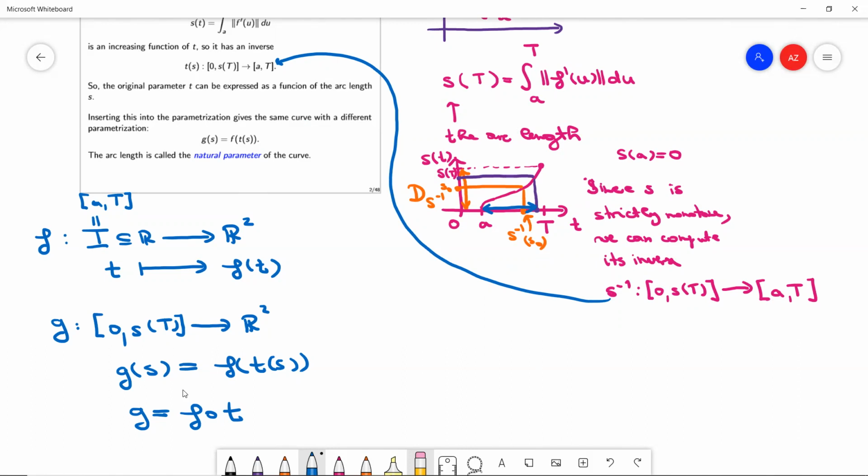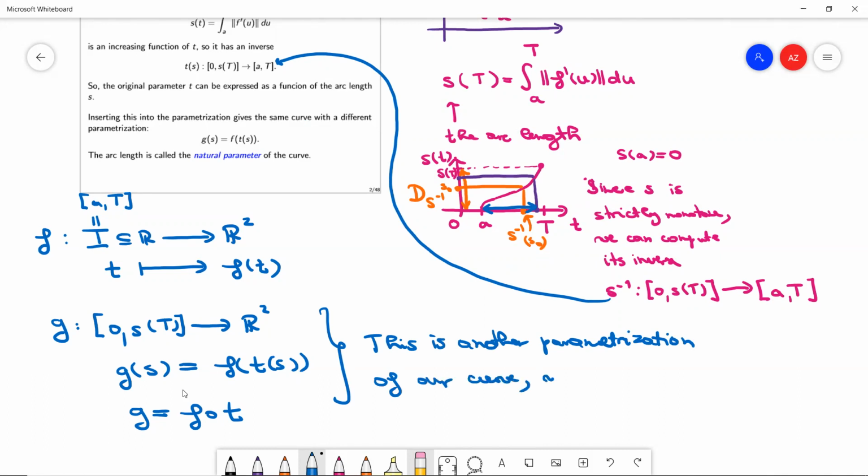So this is indeed another parameterization of our curve, where the parameter is the arc length.